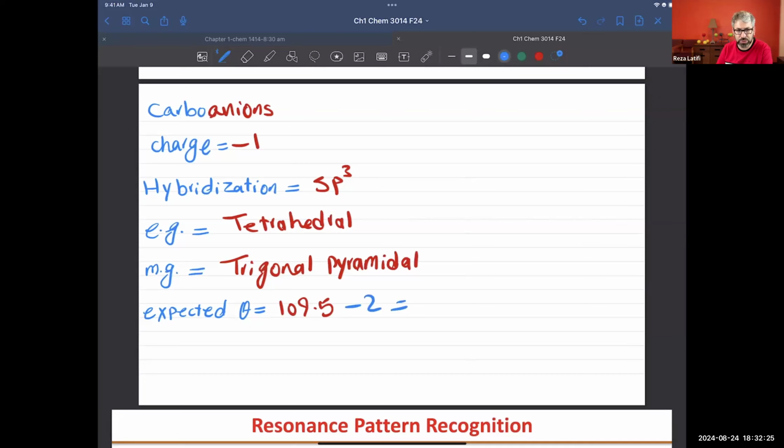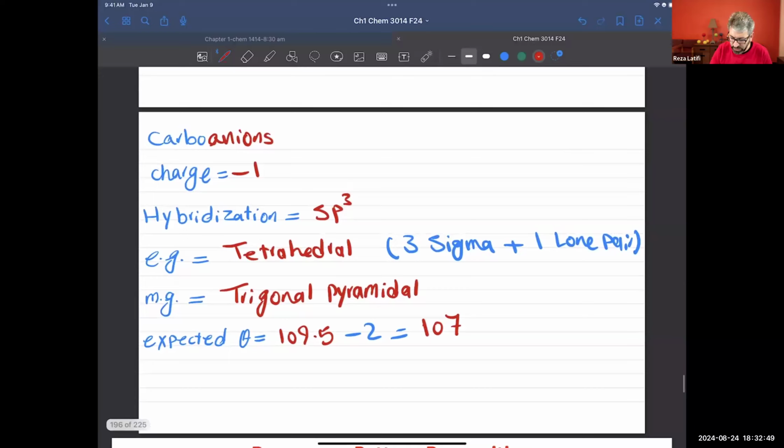Because you have a lone pair, and remember, you have 3 sigma plus 1 lone pair. Because you have a lone pair, the bond angle is going to be something around 107, not exactly 107.5 or 107, but around that number, and that's more than enough. And here, carbon is attached to some groups. I go carbon, carbon. We can put 1 hydrogen here, and we have a lone pair there.